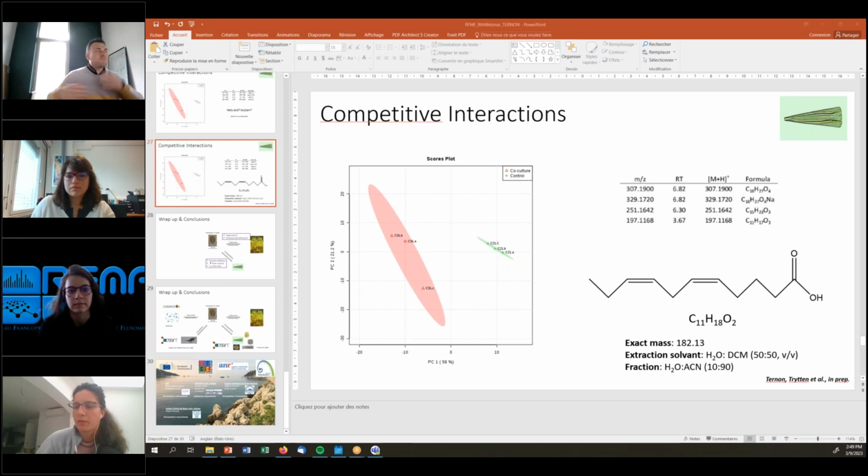Okay. For the medium, I don't have any answer. For the cells, yes, it's one of the major compounds. The purification was easy, with a small quantity of cells. So we were lucky, I would say, but it's not always the case.